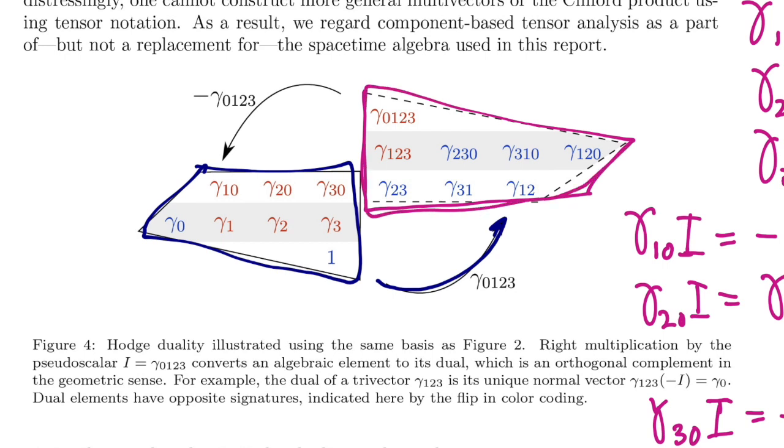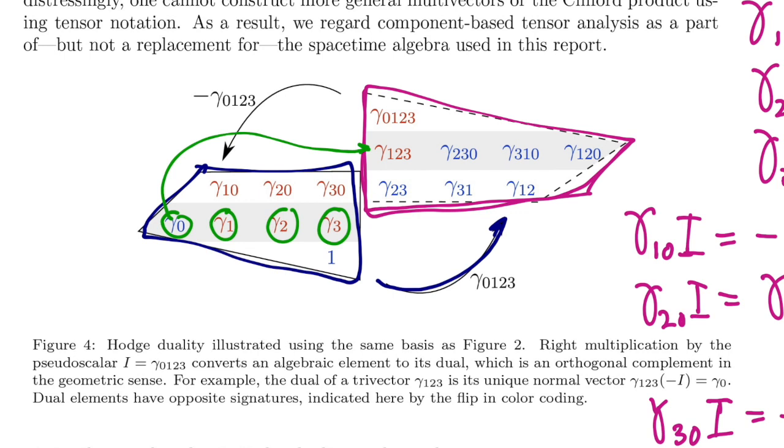And what's interesting about this is when I looked at it, I was assuming somehow that the dual of each of these basis vectors, if you executed the Hodge dual and multiplied each one by I, you would end up exactly with each of the basis vectors described on the right-hand side.